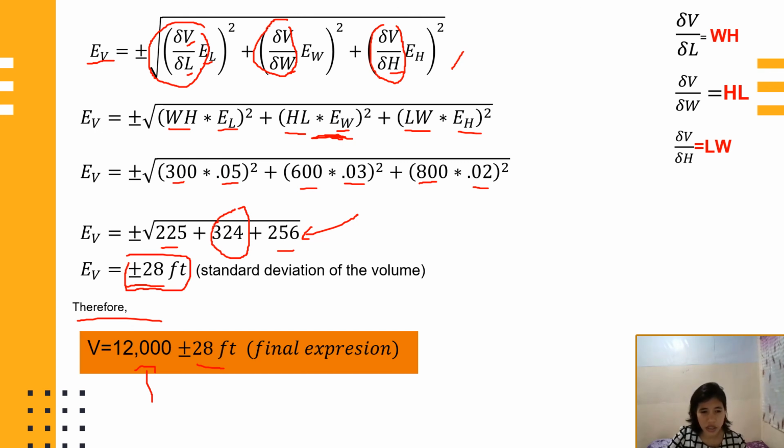So, for this example, if the limit accepted is only plus minus 10 feet or plus minus 5 feet, then this survey does not pass, which means the error reaches 28 feet. Okay? But in cases where even plus minus 30 feet of error is accepted, then this one is accepted. Okay?